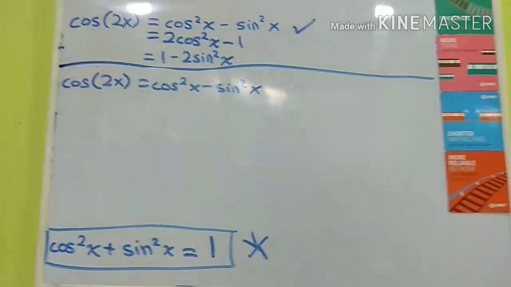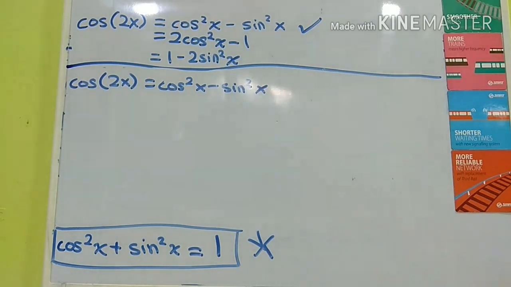So to prove this second identity, the cosine of 2x equals 2 cosine square of x minus 1, I will have to use this very important Pythagorean identity. The cosine square of x plus sine square of x is equal to exactly 1. So I'm going to use this identity and I'm going to try to rewrite the equation.